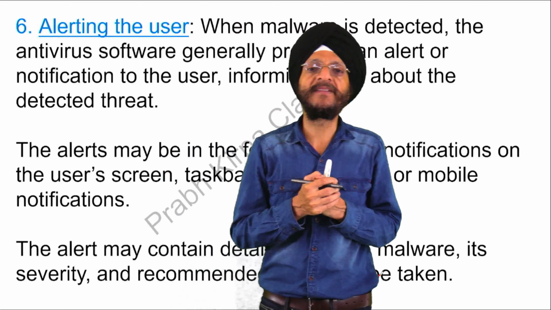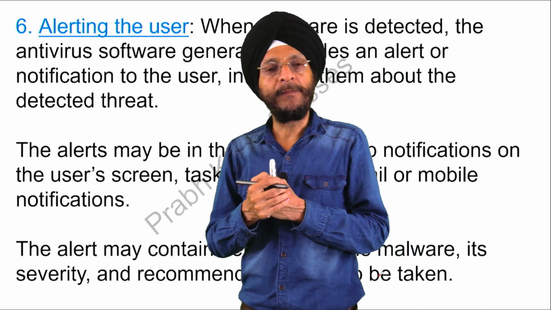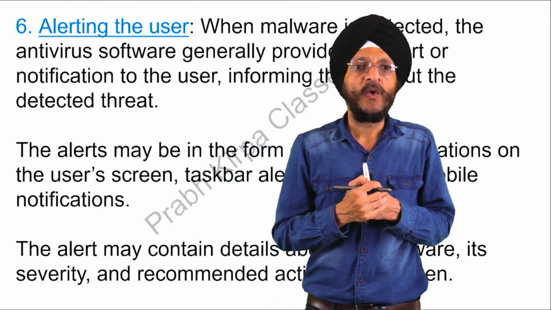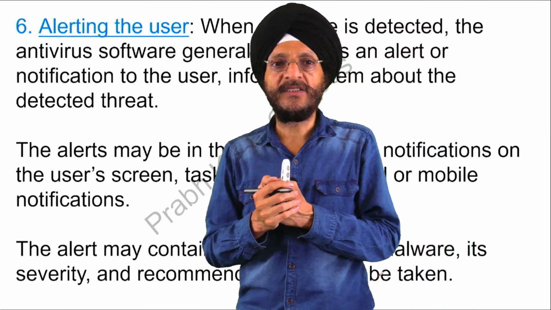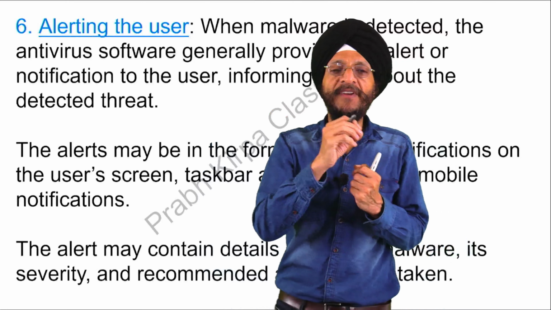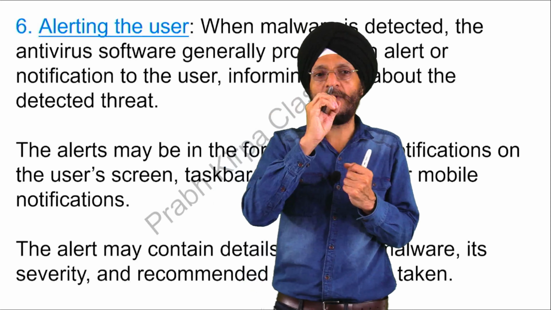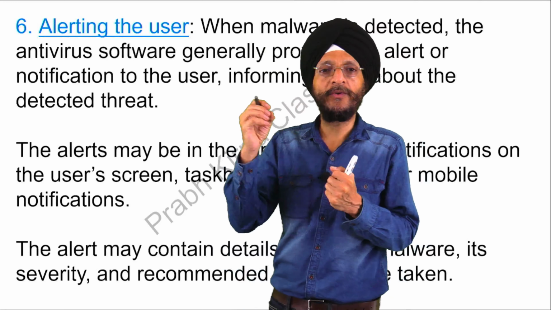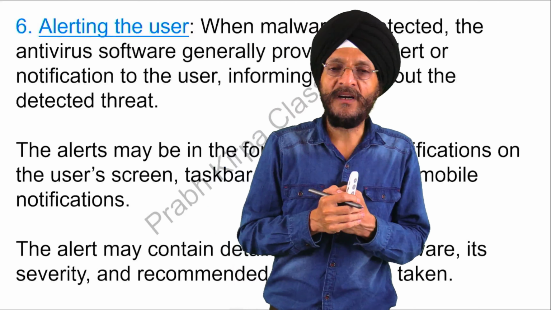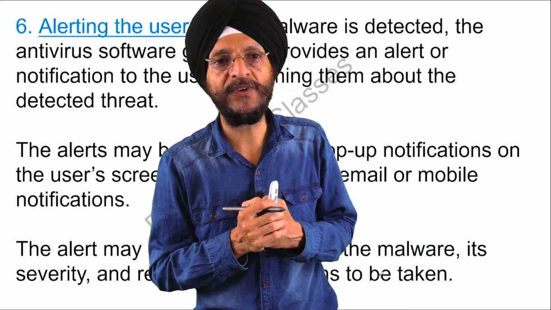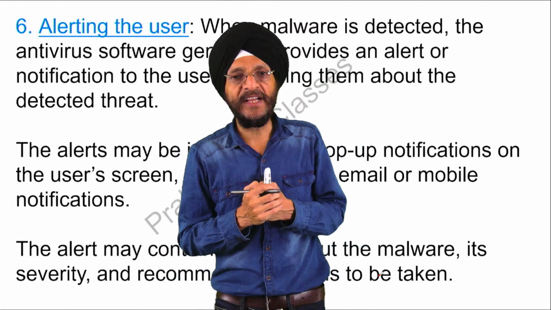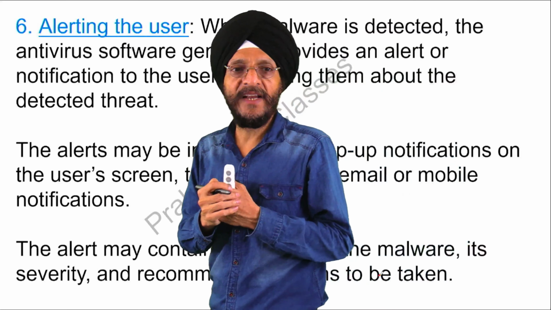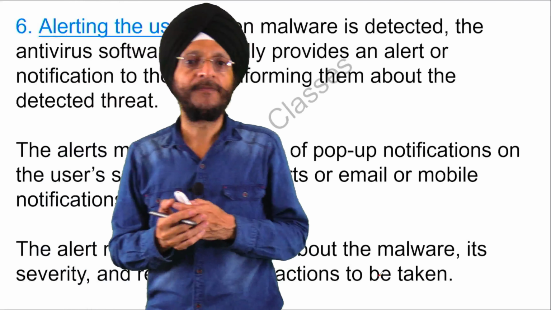The alert sent by the antivirus software may be in the form of pop-up notification on your screen or taskbar alerts, or the notification may be sent on your email, or there may be a notification on your mobile. The alert may contain details about the malware, its severity, and the recommended actions to be taken.